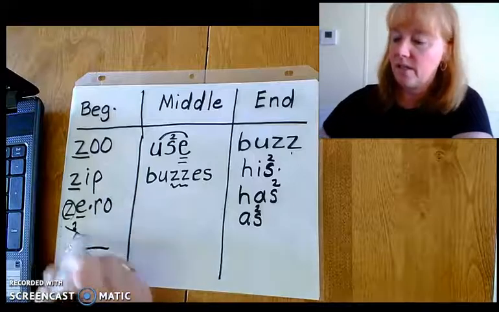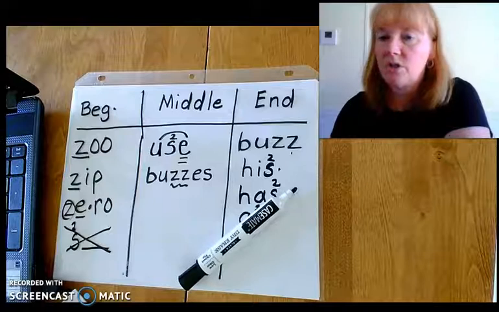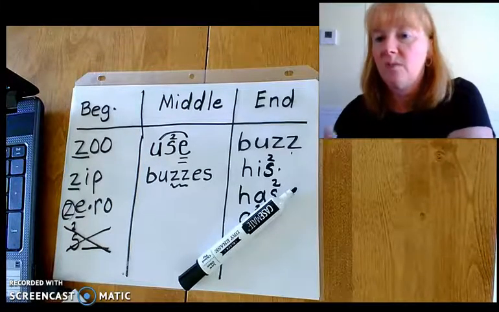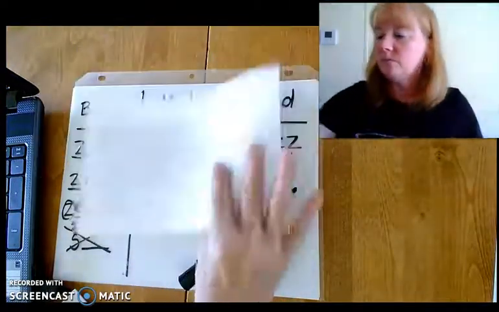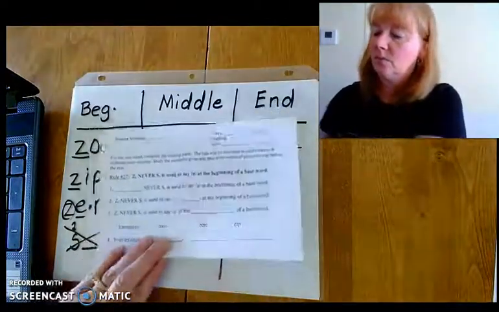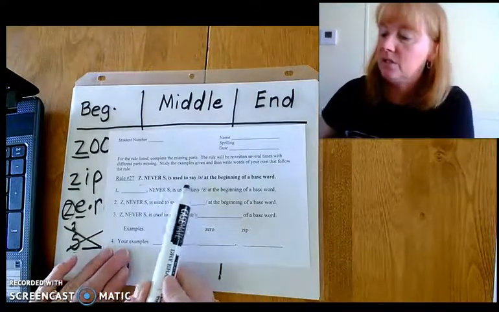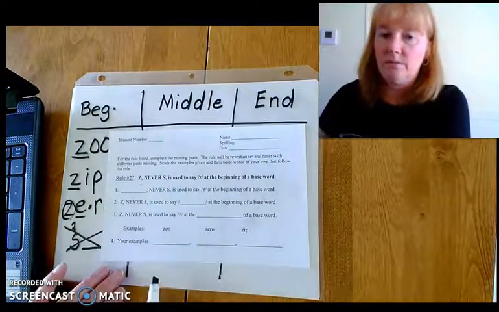That's never going to happen. So, if you're writing a word and you're not sure if it starts with S or Z, if that sound is at the beginning, you know it has to be a Z. So, that is the rule for this week. Z, never S, is used to say Z at the beginning of a base word.